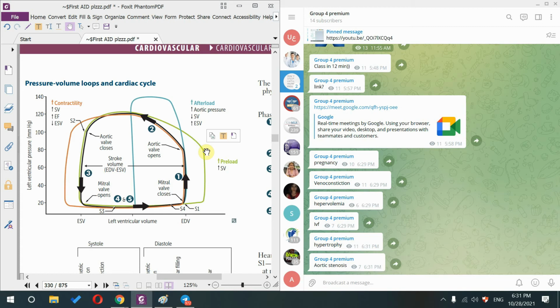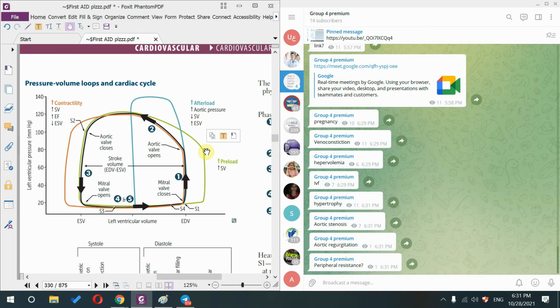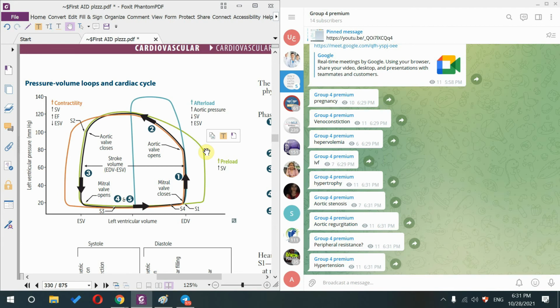It's true that aortic stenosis can lead to increased afterload. But what about something after the aortic valve, like inside of the aorta itself? Yes, peripheral resistance. What increases peripheral resistance? Hypertension. Excellent. Or aortic stenosis, like the guy who wrote aortic stenosis, you are actually right.